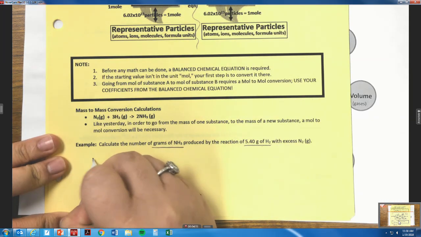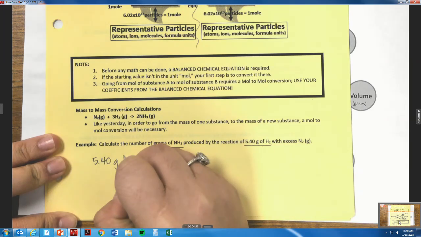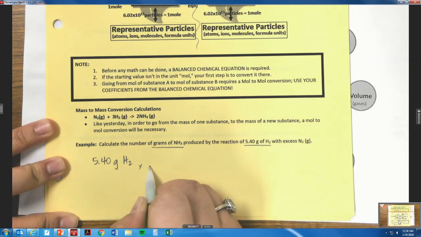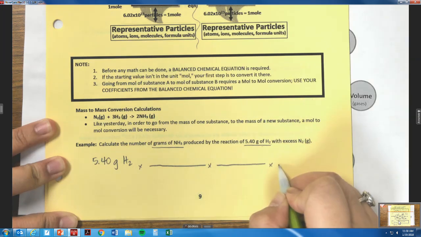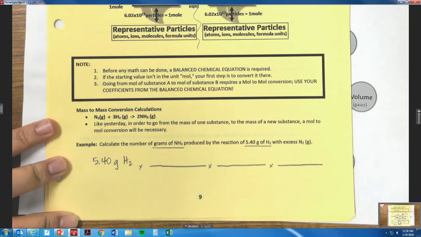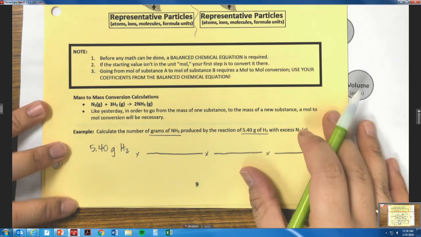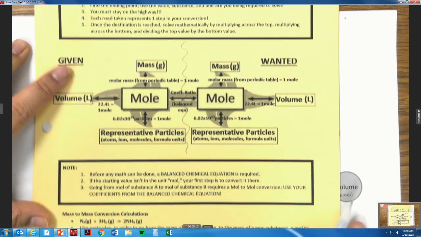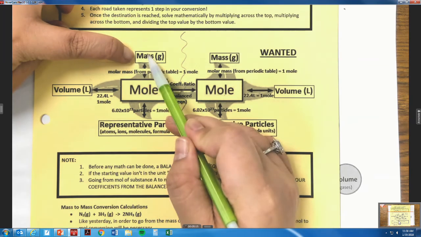So my given is 5.40 grams of H2, and again, we have 3 conversion factors for this one problem. My first conversion factor, taking a look at our mole map, is going from mass to mole.